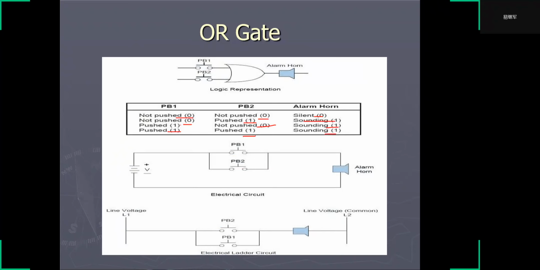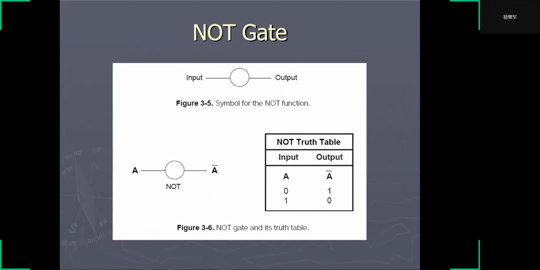From here we know that if there is a 1, we can get the result 1. This is the electrical ladder circuit. NOT just gets the inverse.